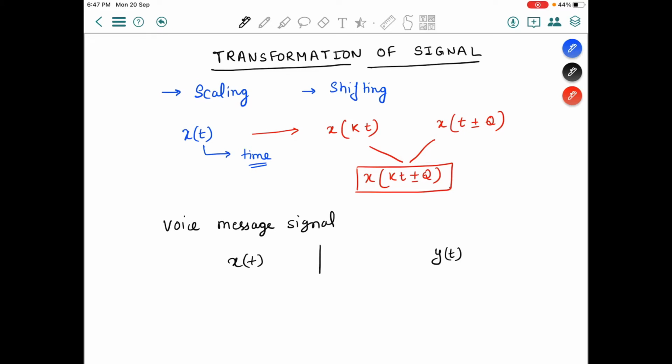Basically we want to hear our message at a faster rate, so we make a system. Here I am addressing my system as an audio system, which takes our message signal as input and produces its faster version as y(t).